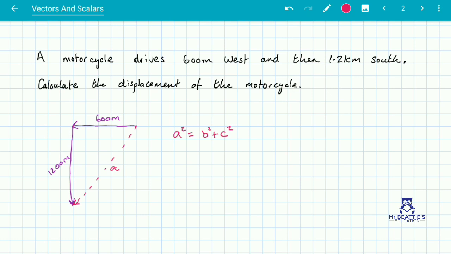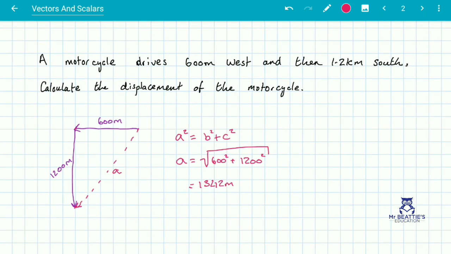A is the square root of 600 squared plus 1,200 squared. You pop that in your calculator and you get 1,342, which I'm going to round to 1,342 meters.